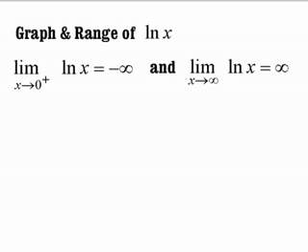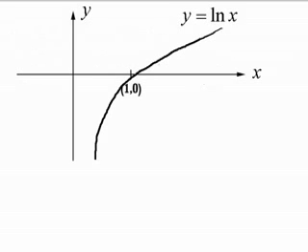Now let's recall the graph and the range of the natural log of x function. We know that as x approaches 0 from the right, the natural log of x is negative infinity. And as x approaches infinity, the limit of the natural log of x is positive infinity.